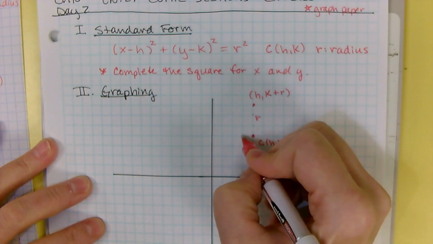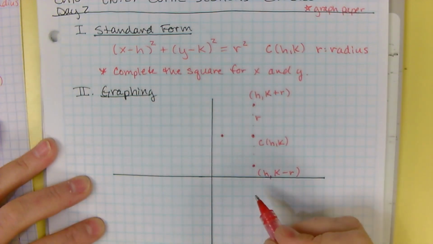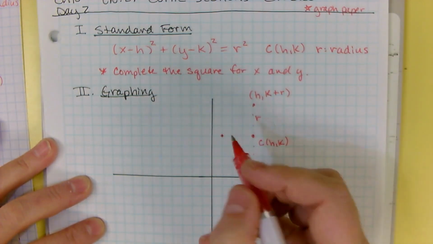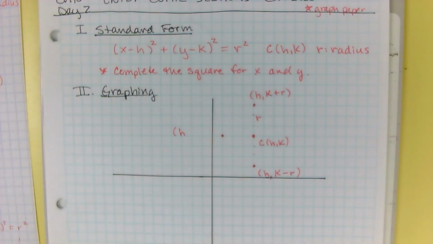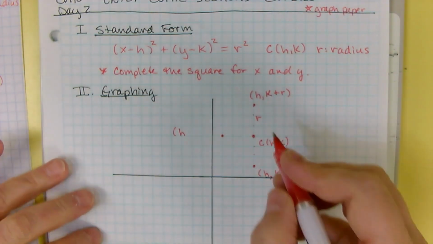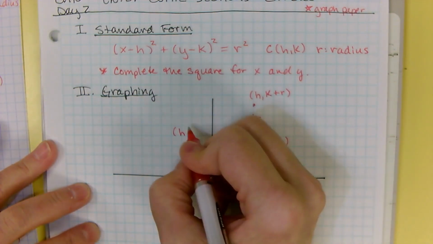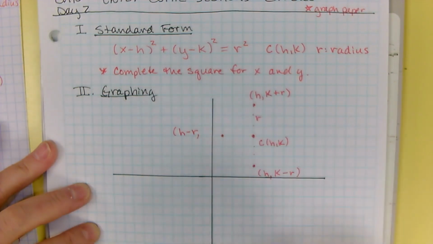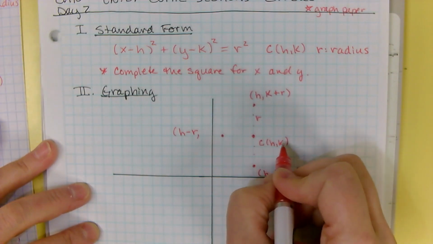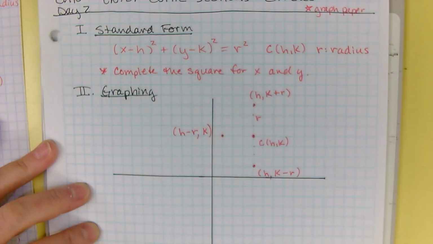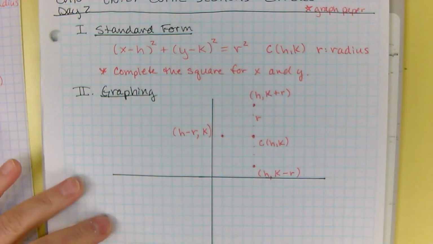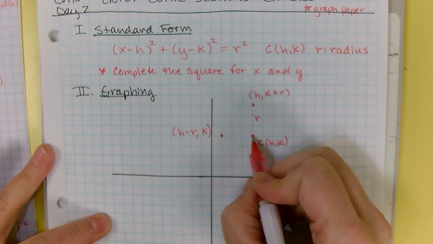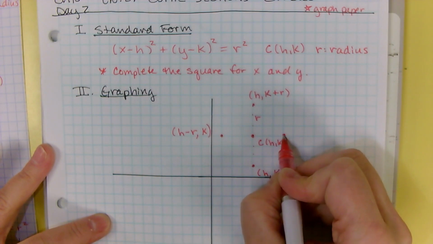All right, now we go left. 1, 2, 3. You always start with the center point, and then we go to the left r, so h minus r, and it has the same k value as the center, so just comma k. Now to the right, start at the center, 1, 2, 3.